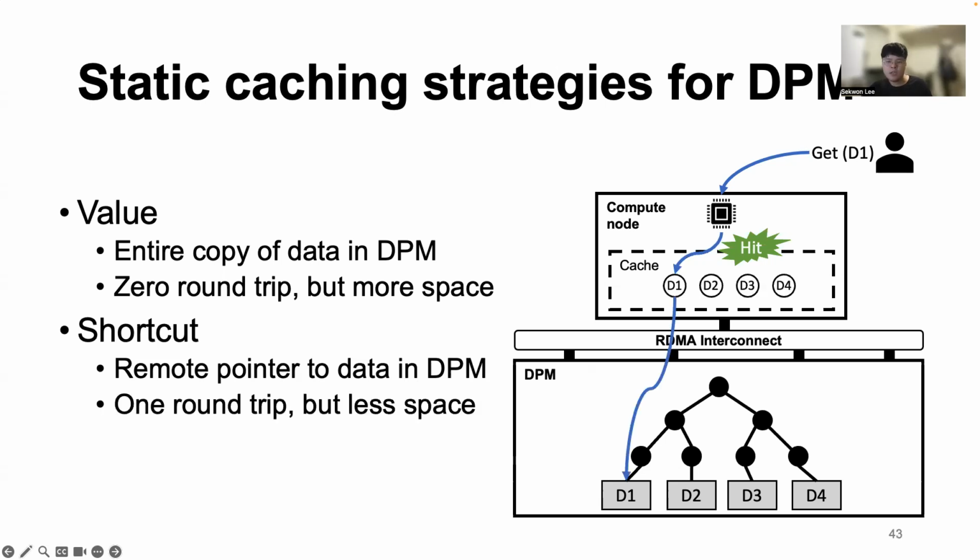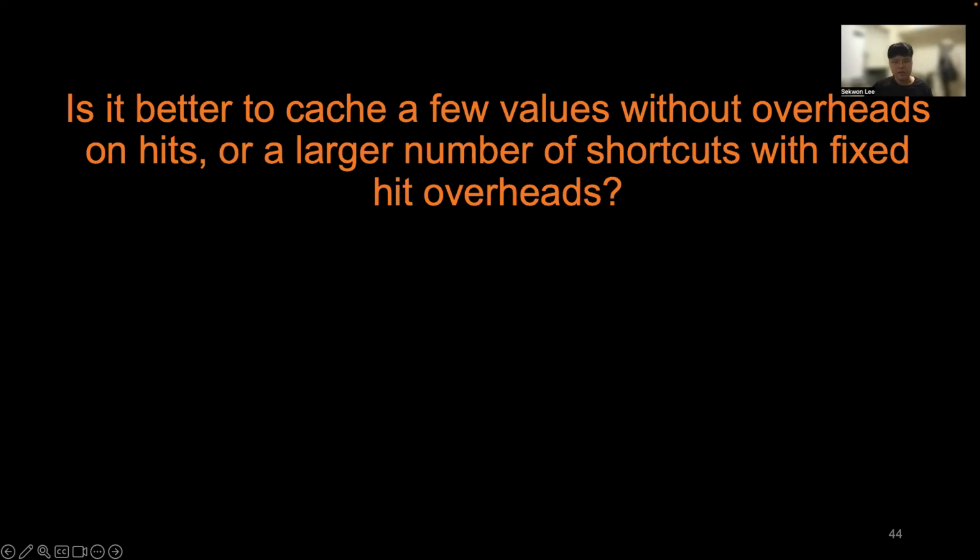However, we can get the value with one round trip at caches by caching shortcuts. As a shortcut is much smaller than a value, we can cache more key value pairs than value cache, reducing capacity miss rate. Caching values improve performance relative to caching shortcuts, but it requires more cache space.